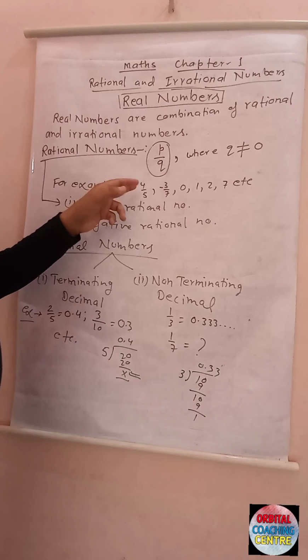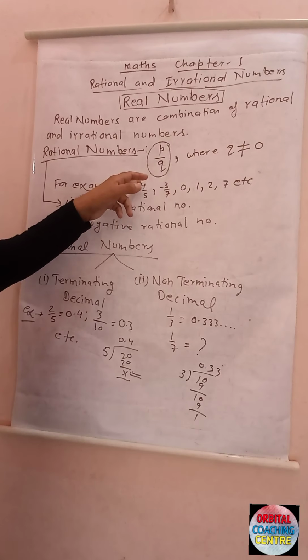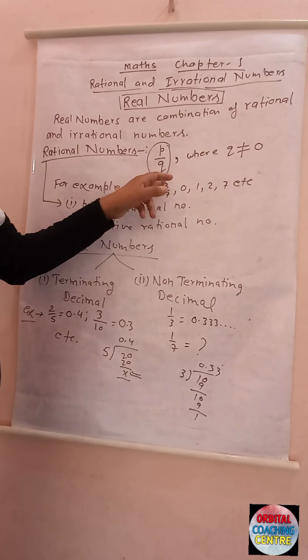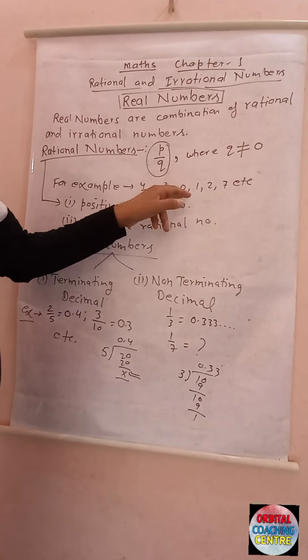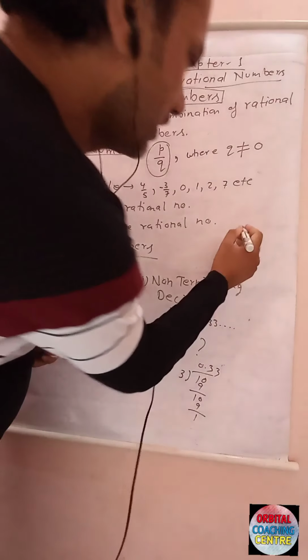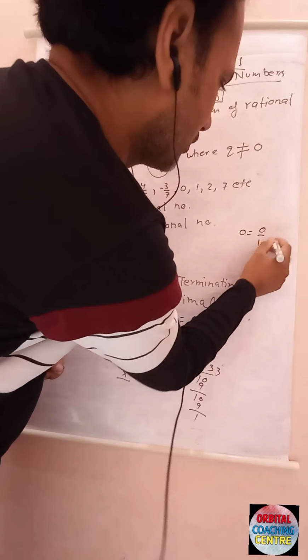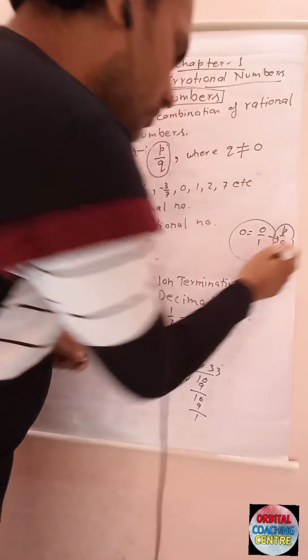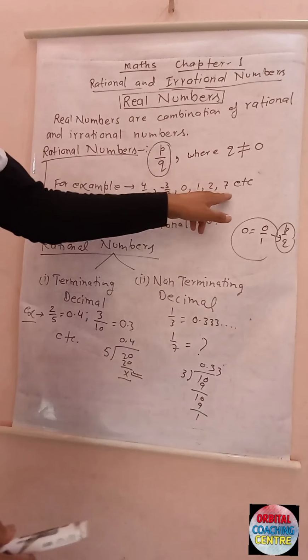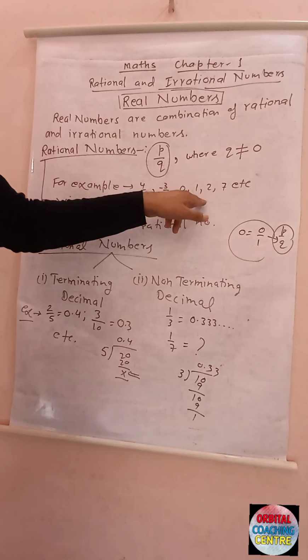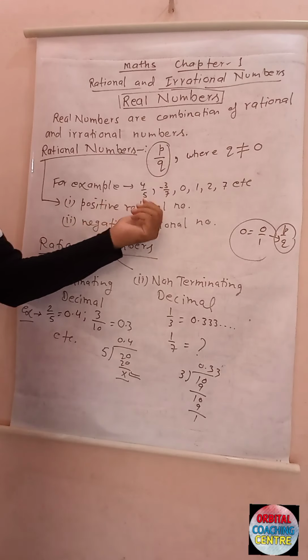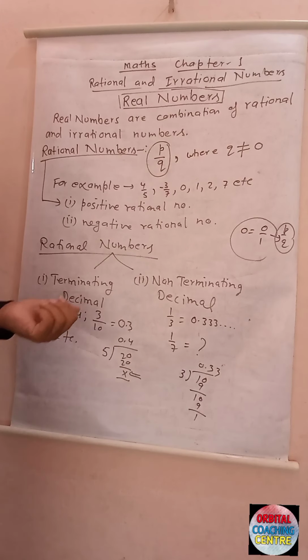For example, 4 upon 5 is in the form of p by q. Minus 3 upon 7 is also in the form of p by q. Here 0, you can write 0 equal to 0 upon 1, so it is also in the form of p by q. So all these numbers are rational numbers. Rational numbers are of two types: positive rational numbers and negative rational numbers.